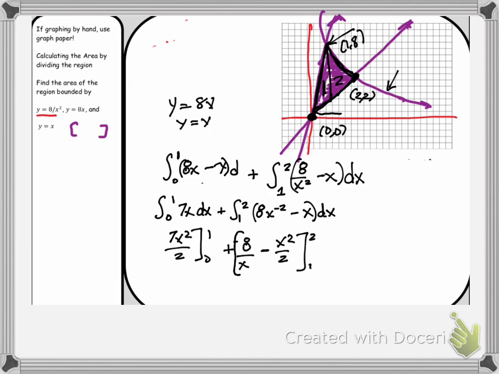So this would just be 7/2 minus 0. That's nice. And this would be putting in 2. That would be plus negative 4. Let's see.